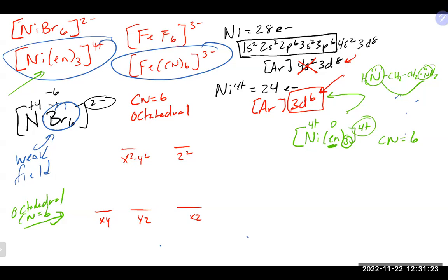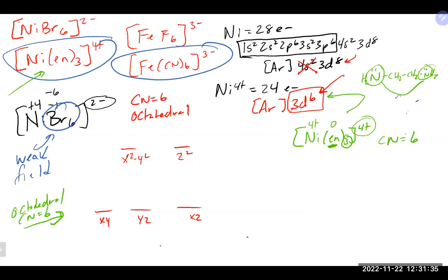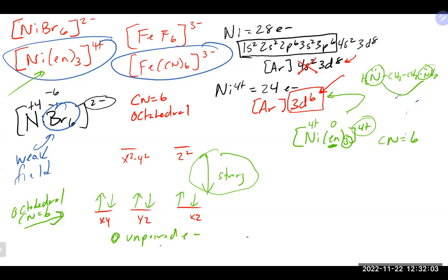And again, if we look back on the chart, we do see en is leaning towards strong, so we will do it as strong field in this case, which means when we go 1, 2, 3, it's going to decide that this is a little bit too far of a distance. So it would rather pair up in this case, and this would give us 0 unpaired electrons. Any questions on that one there?